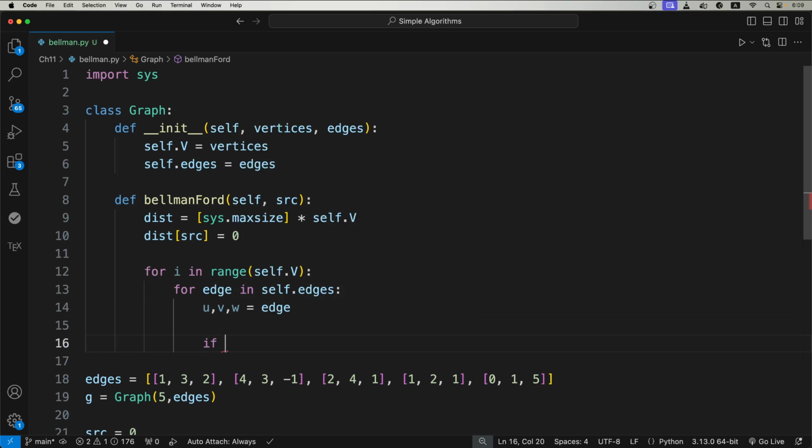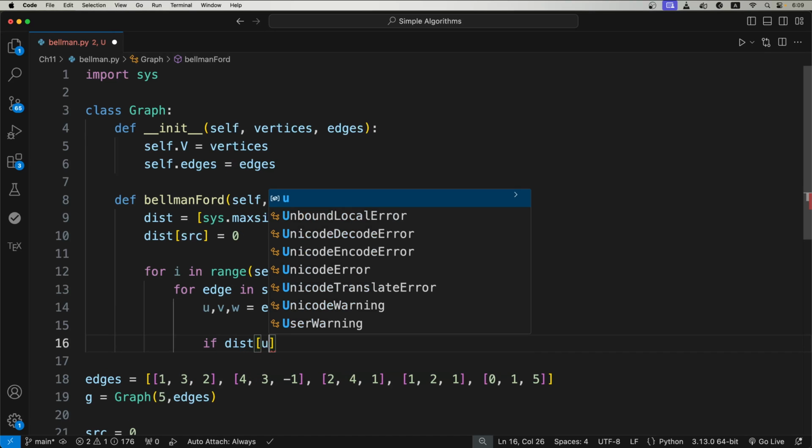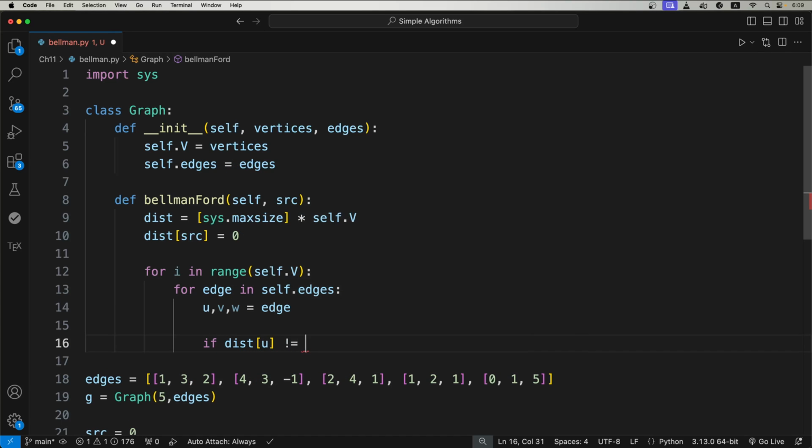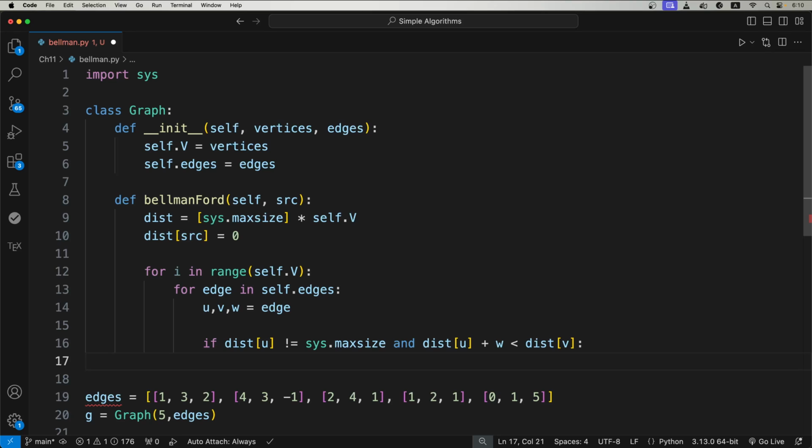And then we're going to take a look at that, and we're going to see if the distance to u is not max size, and the distance to u plus the weight is less than the distance to v. So essentially, we're checking generally the distance of this compared to the endpoint, right? So we're taking a look at if we were to take u plus the weight, is that less than the distance to v itself, right?